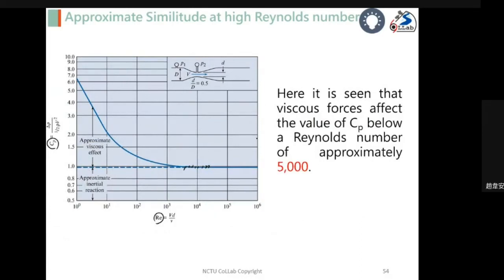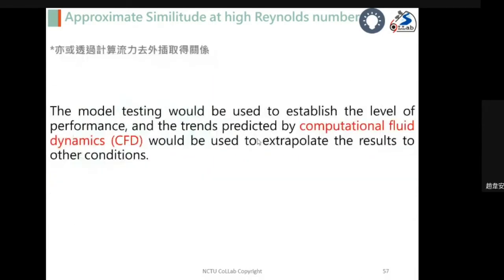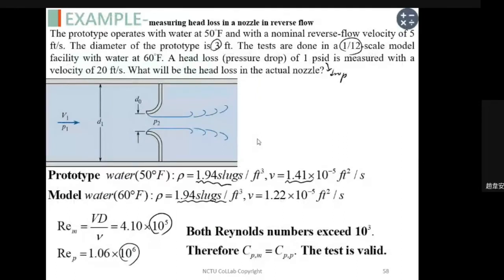That means over this range of Reynolds numbers, the pressure coefficients are not sensitive to the Reynolds number increase. So we can directly say the pressure coefficients are also equal for the model and the prototype. The test is valid.